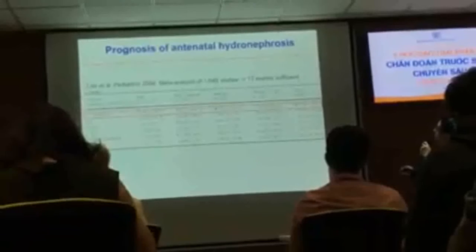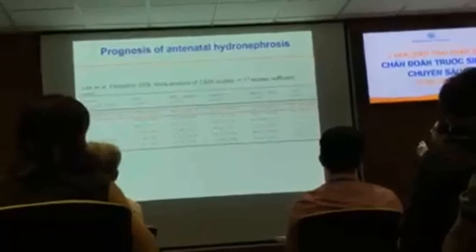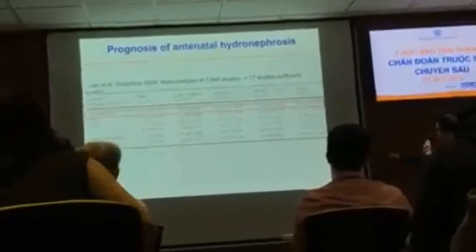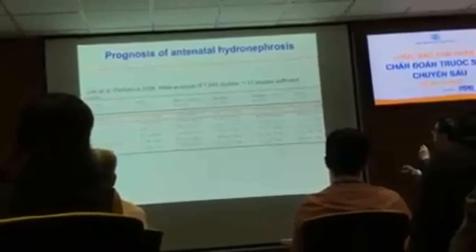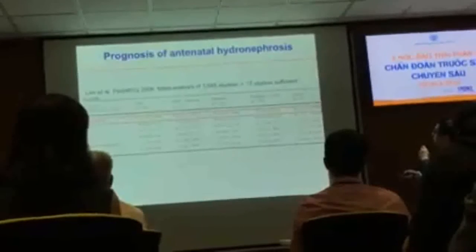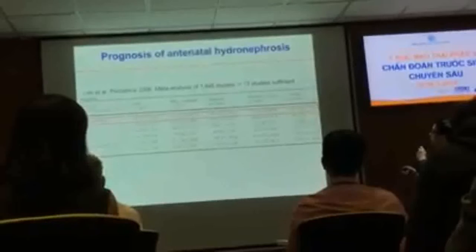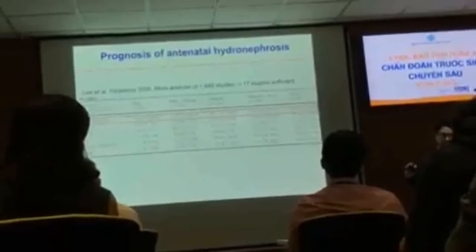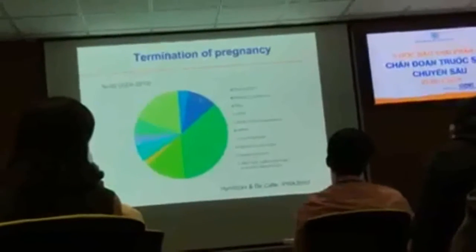They published this paper in Pediatrics 2006, a meta-analysis of 1,645 studies, with 17 studies included. So in a severe form, a postnatal pathology is confirmed in 88.3%, which is very high. So in a severe form, you cannot miss it. Then you can diagnose a lot of cases.